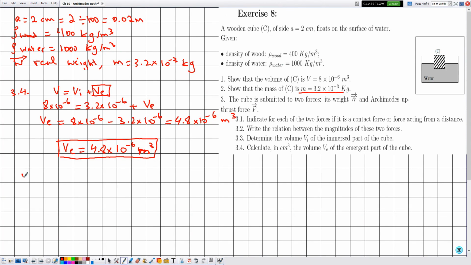Then the emergent volume is given by 4.8 times 10 to the power minus 6 meter cube, which is equal to 4.8 times 10 to the power minus 6 times 10 to the power 6. So it's equal to 4.8 centimeter cube. So the volume of the emergent part is given by 4.8 centimeter cube.